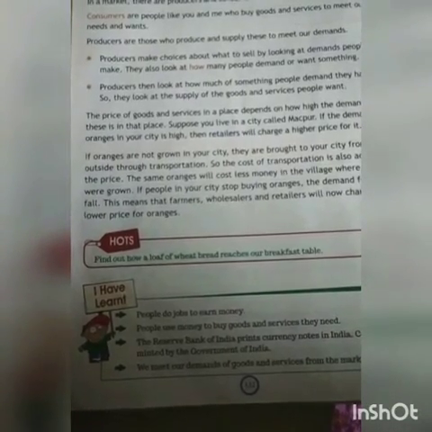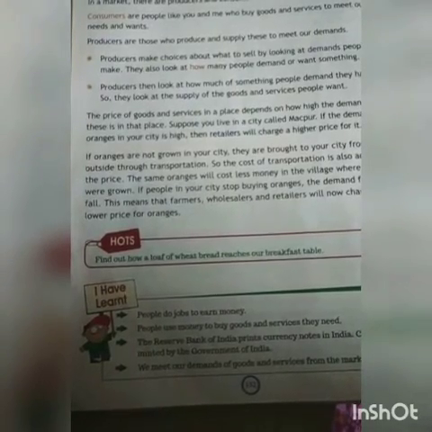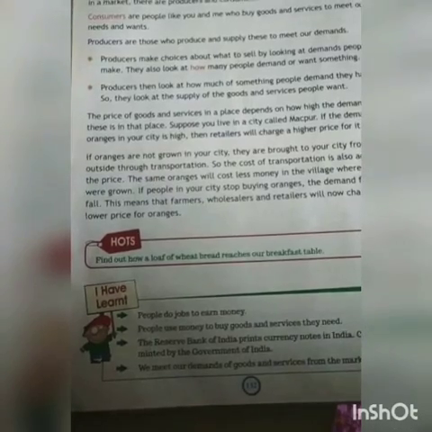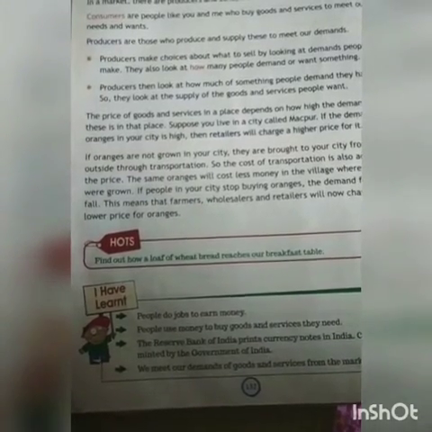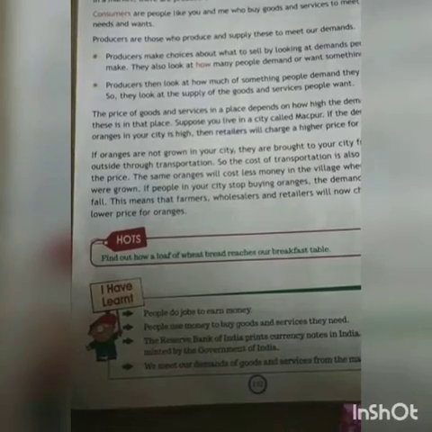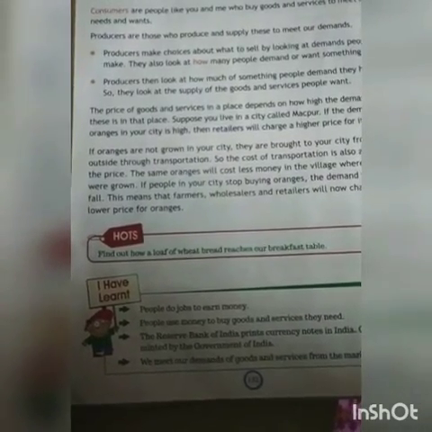So he meets the supply for our demands. The farmer produces oranges and sells to the customer, where he meets the demand. Demand is nothing but our wants, our desire to buy a product, our need to satisfy.